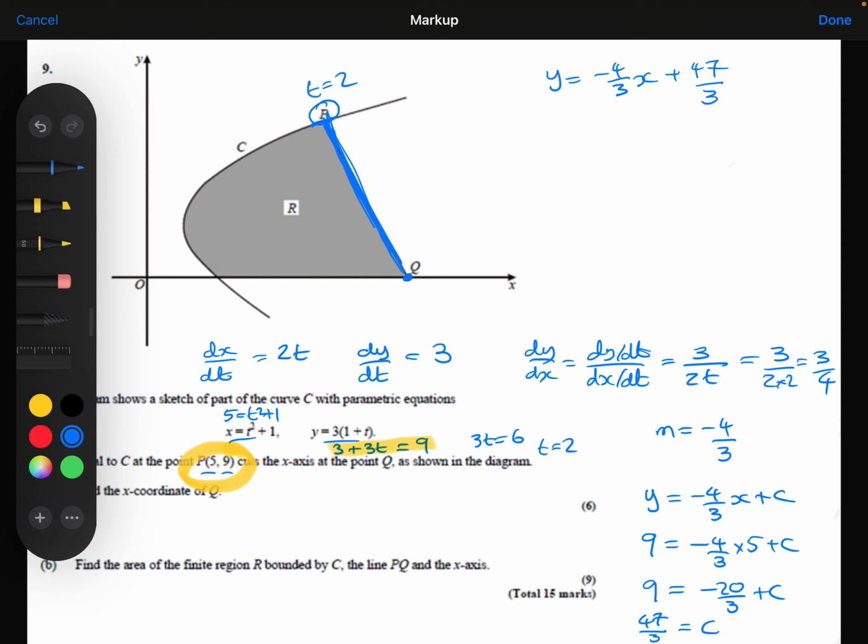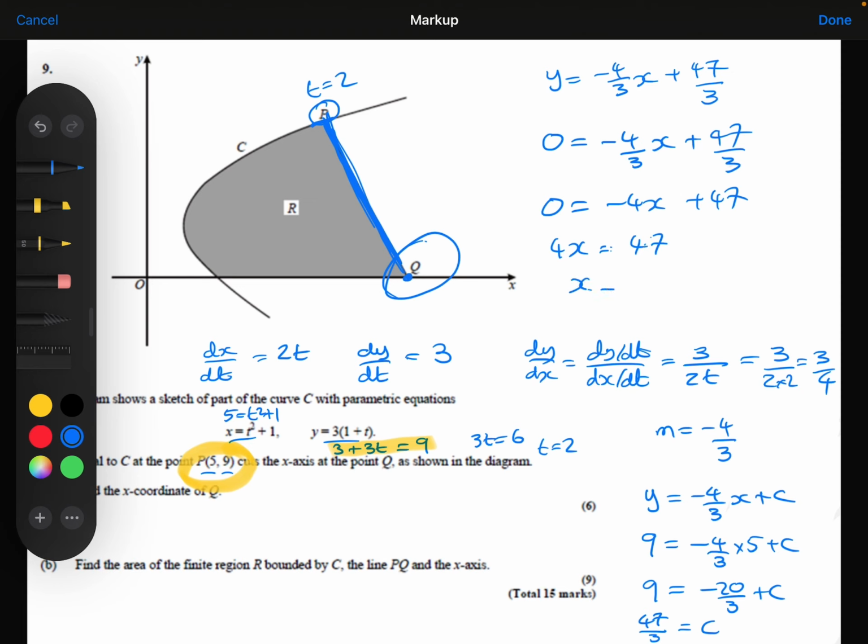That's the equation of my normal. Remember, I'm trying to work out the x-coordinate of Q, which is where y equals 0. So let's make y equal to 0 here. Times through by 3 to get rid of these awkward fractions. Move the x to the left-hand side.